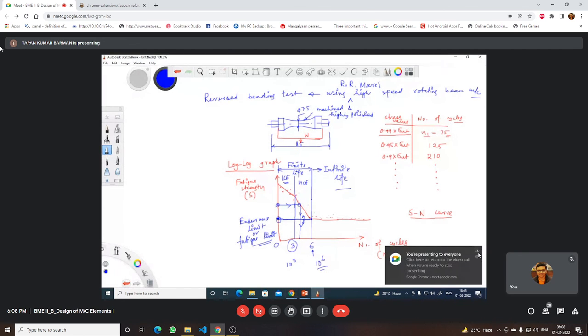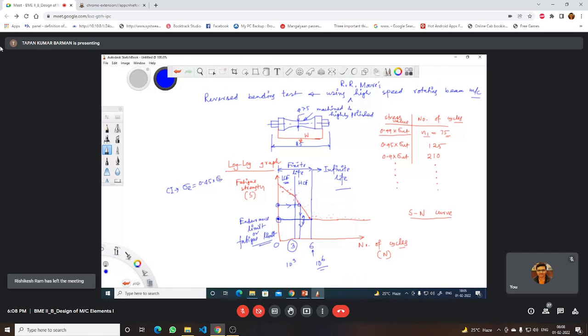Now we may estimate like this: for cast iron, sigma E is estimated as 0.45 into tensile strength. For steel, about 50% of the tensile strength, though it is dependent on your tensile strength value.